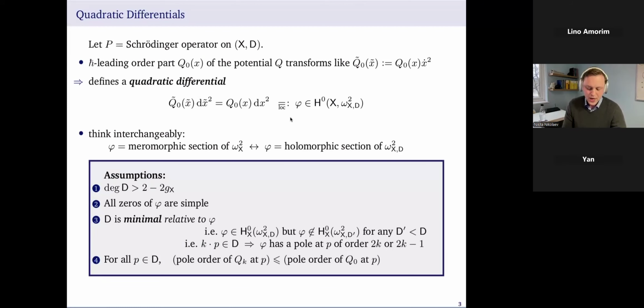Okay, and then there's the last assumption, number 4, and that one actually is important. Without that assumption, the tools would be quite different. The assumption is that basically the higher order coefficients of Q are no more singular than the leading order part in Q. So the quadratic differential really controls the singular behavior of the equation.